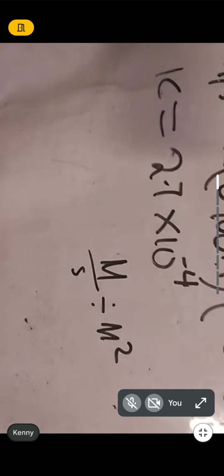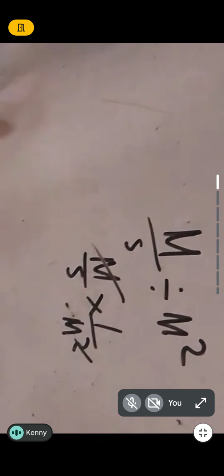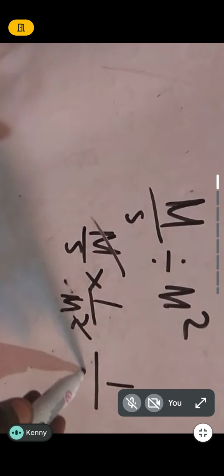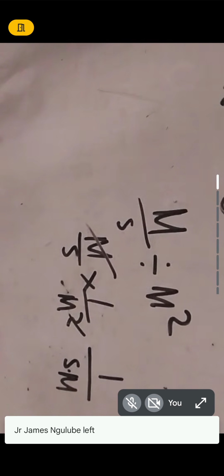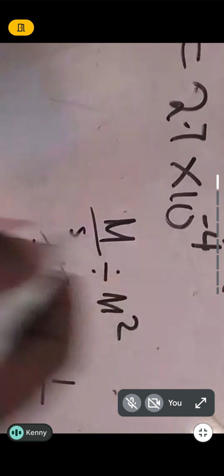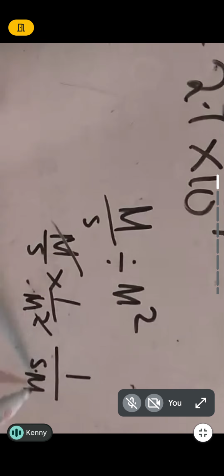Which is molar over second times 1 over M squared. So this M and that M will go. So we are going to have 1 over M seconds. So this one is the same as 1 over molar second.